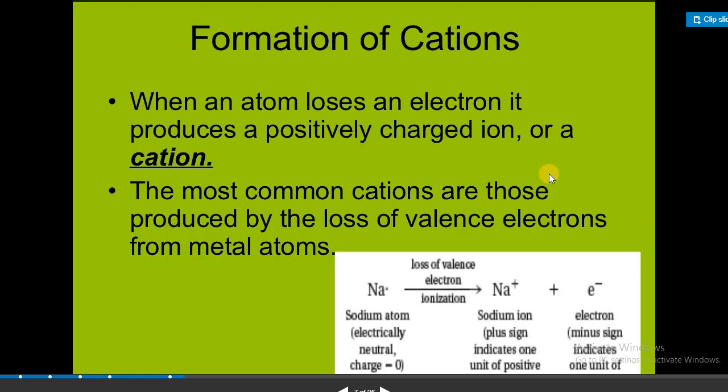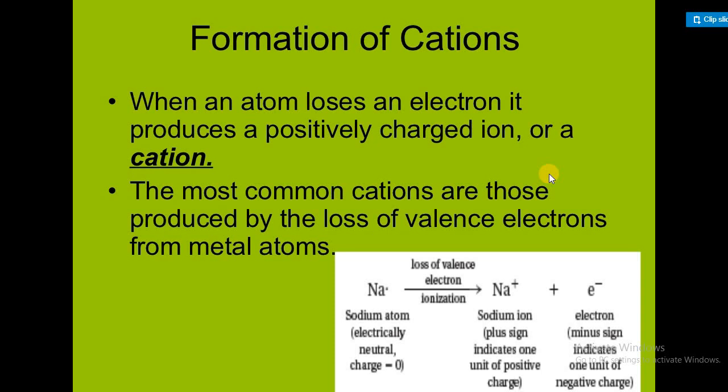When metals lose electrons and non-metals gain electrons, they will be attracted to each other and held together by this transfer of electrons. That type of bond which is formed by the transfer of electrons between these two ions is called an ionic bond.